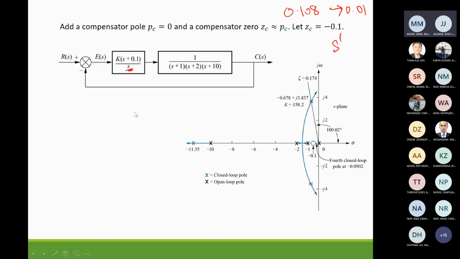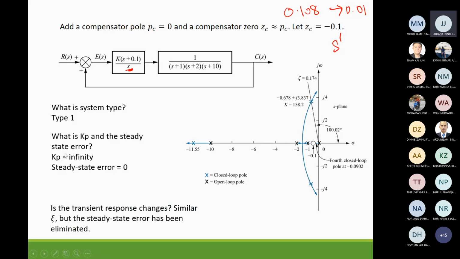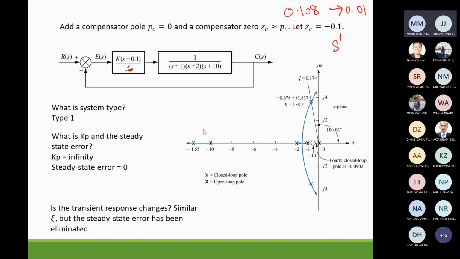But now if we add a compensator at the same damping ratio, the steady state error has been reduced to 0 because basically we changed the type of the system by adding the compensator. Okay, so that's the effect of the compensator, one of the effects being eliminating the steady state error while maintaining the same transient response.